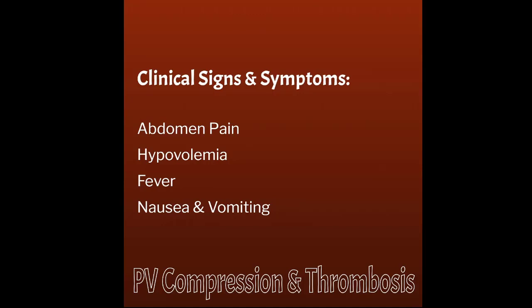Clinically, these patients are going to come in with abdominal pain. They're going to have hypovolemia, fever, and nausea and vomiting. Hypovolemia is the condition of having too little blood within the system. So if you think about it, the majority of the blood is going to head out through the portal system and into the liver to get circulated.